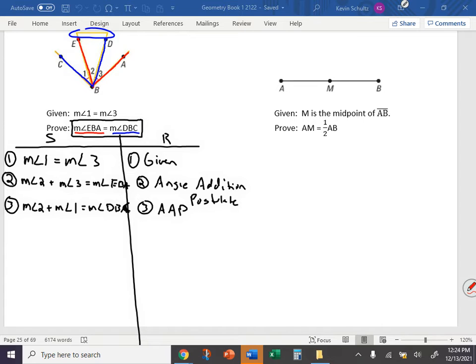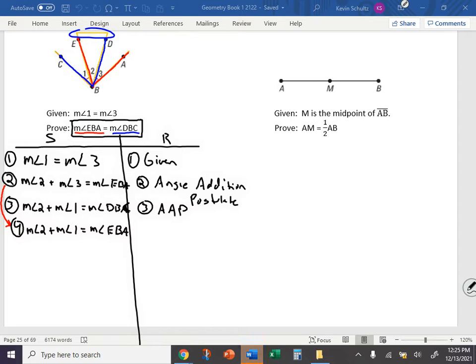So I'm going to take my second equation and rewrite it as my step 4. But instead of angle 3, what do you think I'm going to put in there? Instead of angle 2 plus angle 3 equals EBA, I want to write angle 2 plus angle 1 equals EBA.